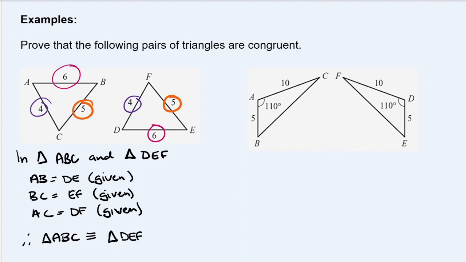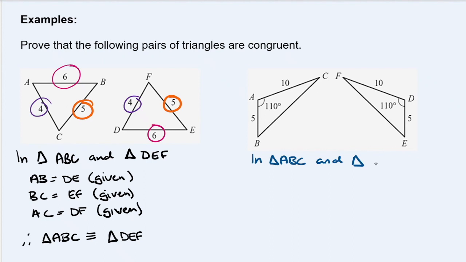Let's do one more to show what we are up to. Here we have 2 more triangles. And let's go. In triangle ABC and triangle, what do we got here?